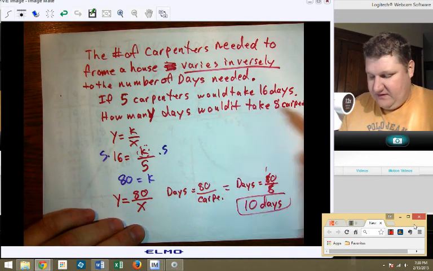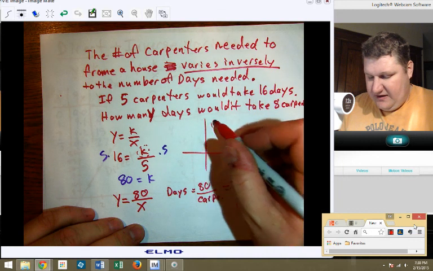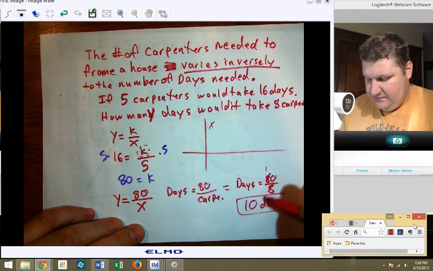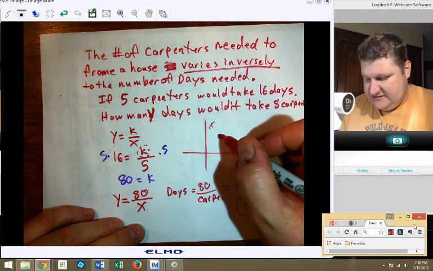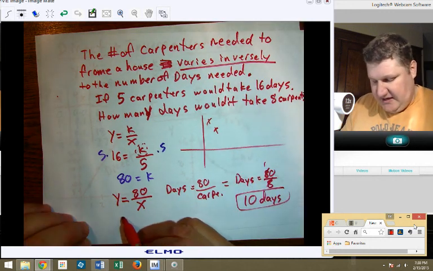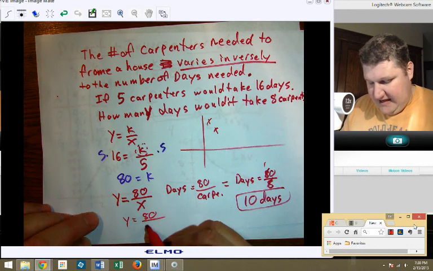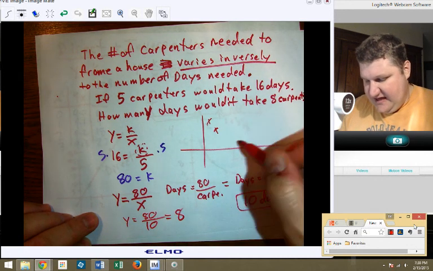Well, if that's the case, 5 guys, 16 days. 8 guys, 10 days. But if I had y equals 80 over 10, what if I had 10 guys? It's going to take 8 days.